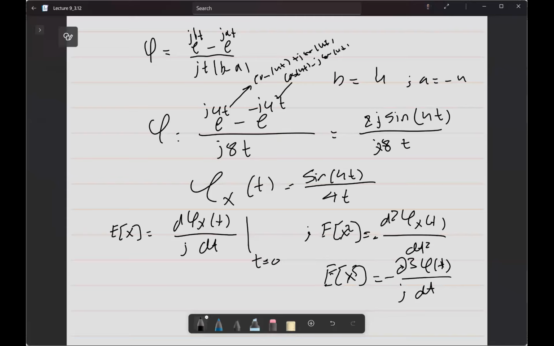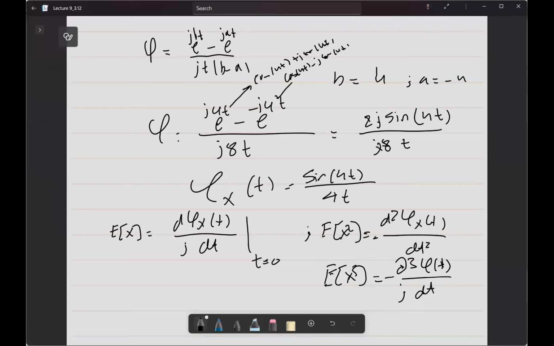So what you need actually is to differentiate this 3 times and then evaluate the differentiation at t equal to 0. The differentiation 3 times of this is straightforward, but it takes time.